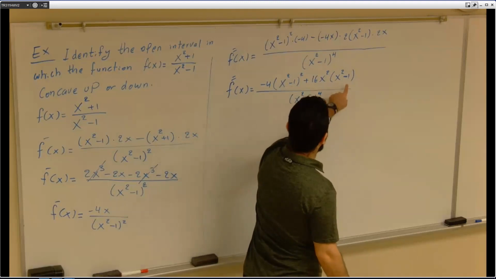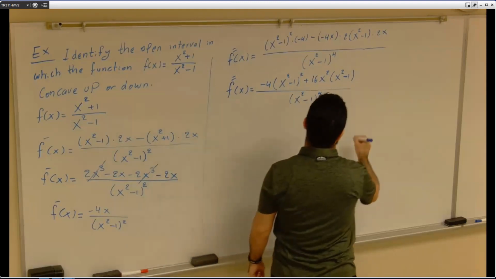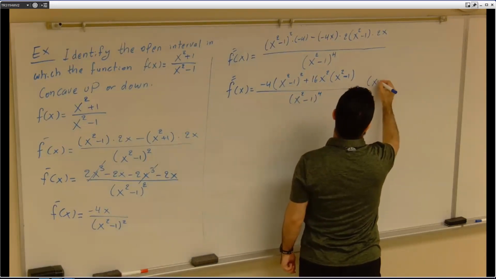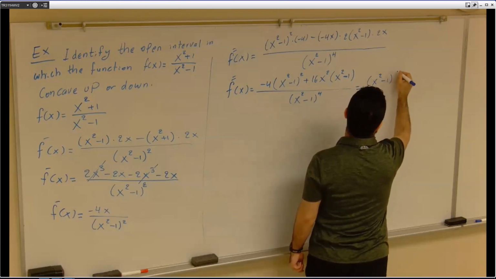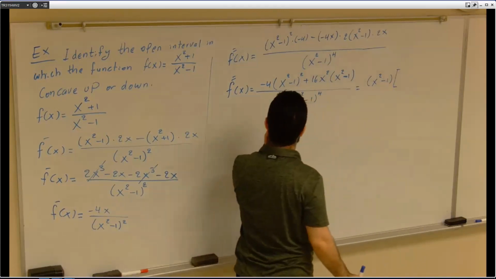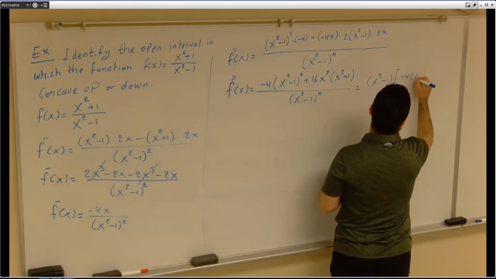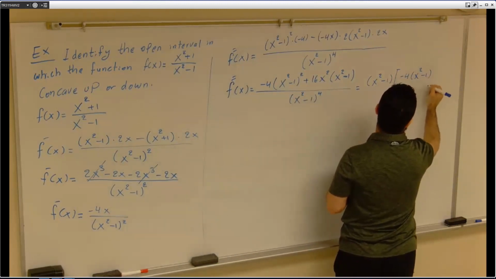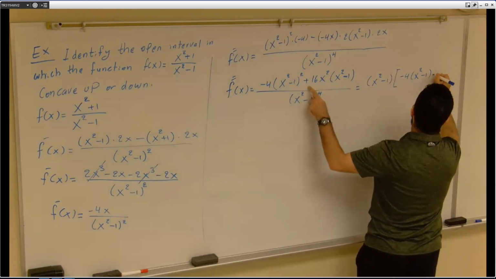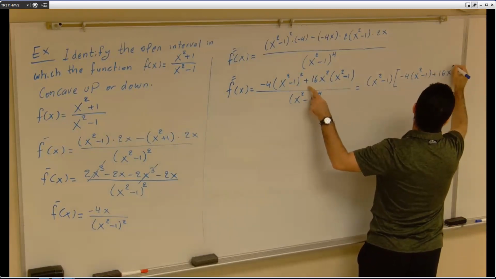Now I have a common factor here. Let's take the common factor out. It's x squared minus 1 on the left. On this side is negative 4 times x squared minus 1, plus just 16x squared.